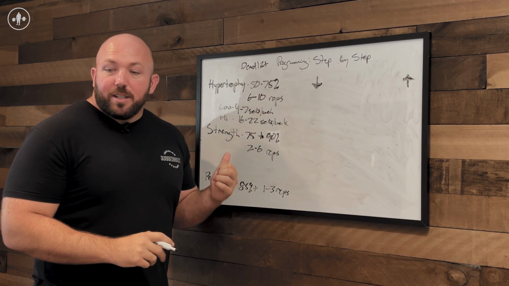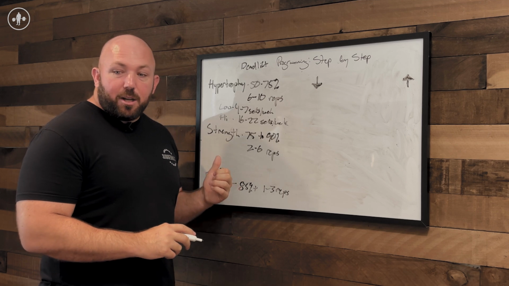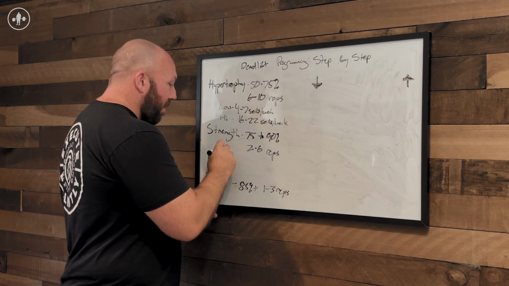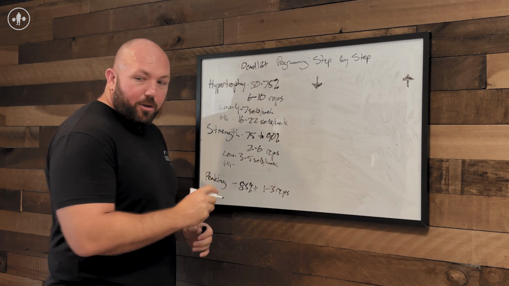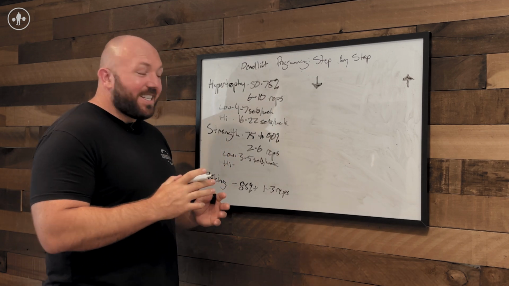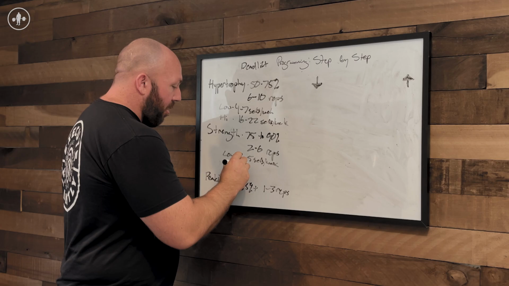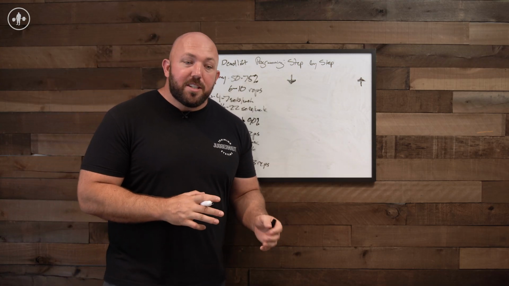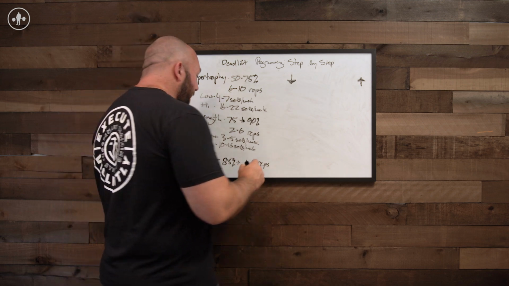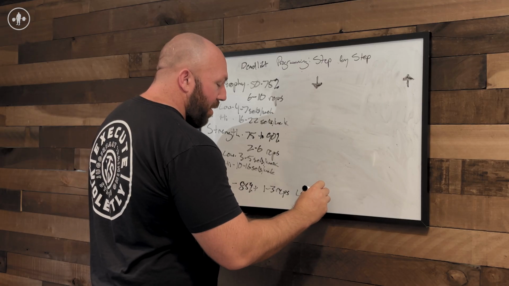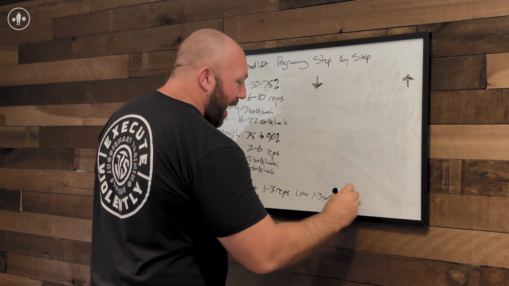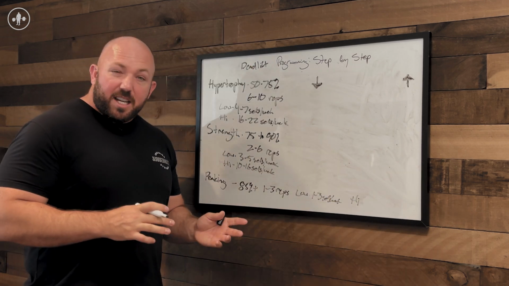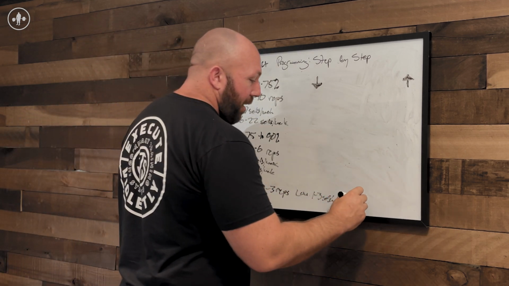A low volume lifter in strength is going to be about 3 to 5 sets a week, and a high volume lifter is going to be more like 10 to 16 sets per week. And finally, in peaking, our naturally lowest volume phase, a low volume lifter is doing just 1 to 3 sets per week, and a high volume lifter will be doing 6, maybe up to 10 sets per week.